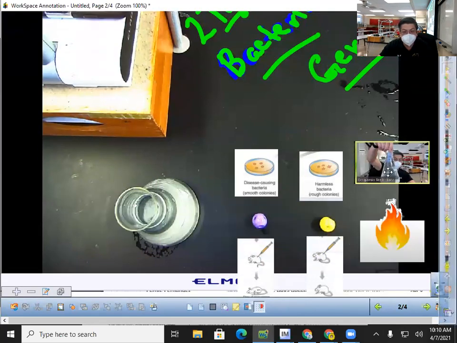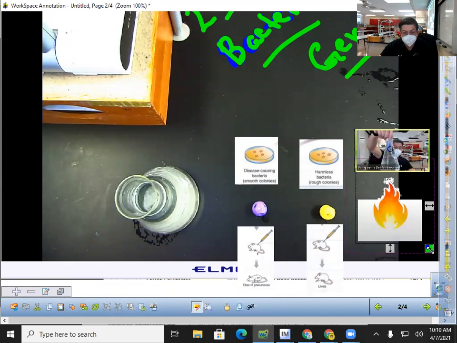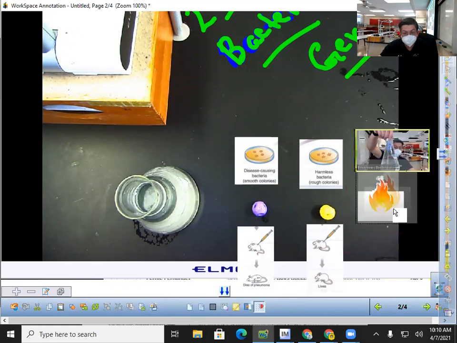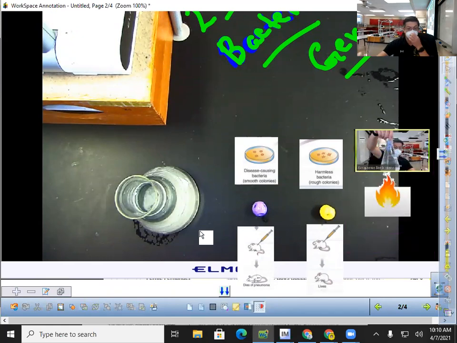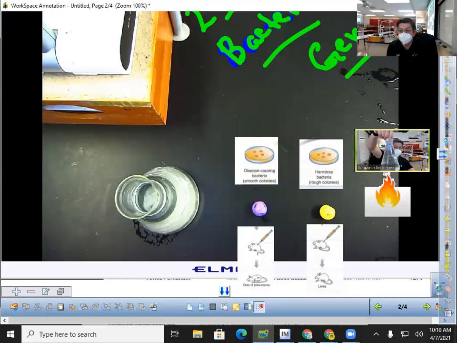And he heated these bad boys up. He took the smooth bacteria, he heated it up, and guess what he did after that? He injected it into the mice. Yes, he injected it into the mice.